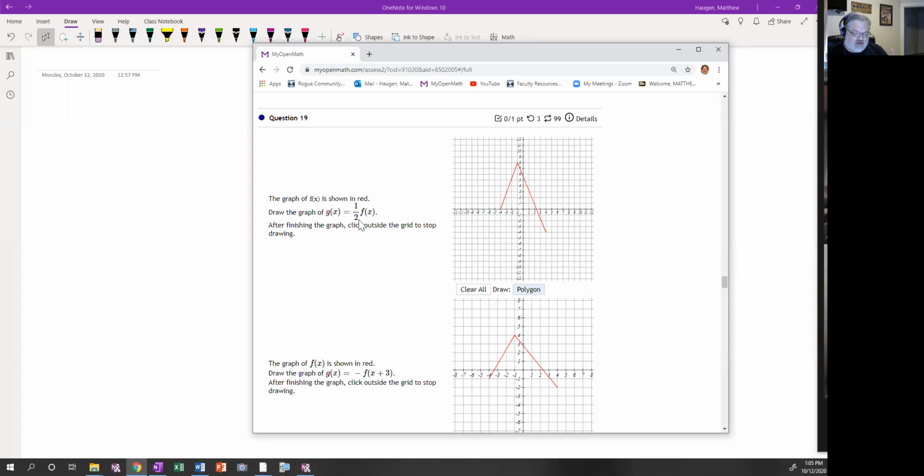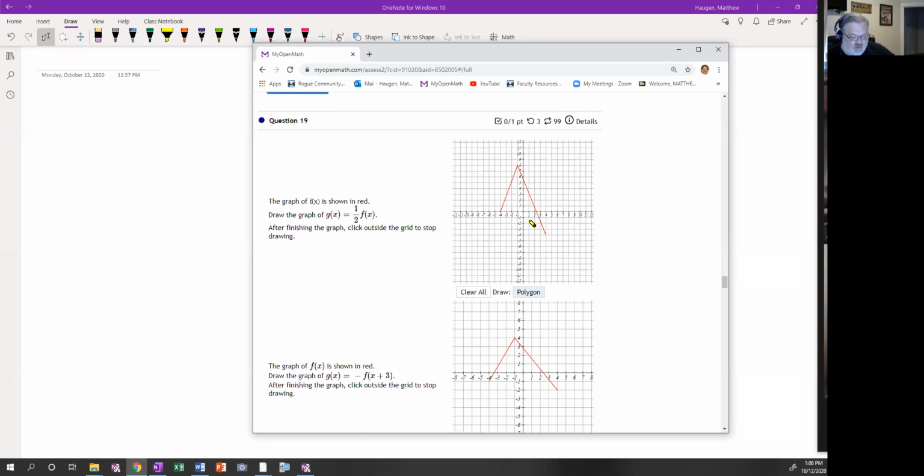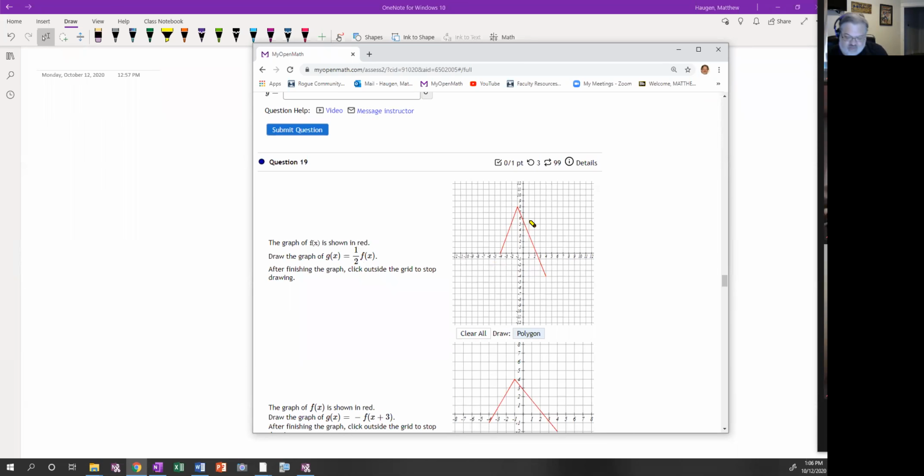So what's that 1/2 going to do to the y values? Well, it's going to multiply them all by 1/2 and essentially compress this image vertically. It's going to squish it to 1/2 of its height. If this was a 5, it would multiply by 5, so it would stretch it out 5 times its height. But this little 1/2 is going to make everything 1/2 the size.